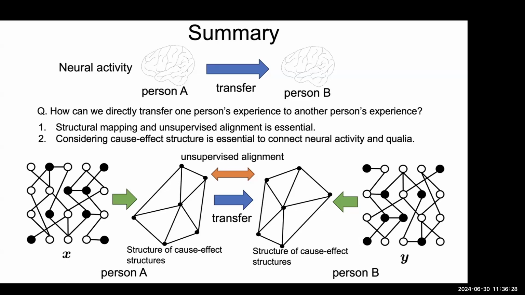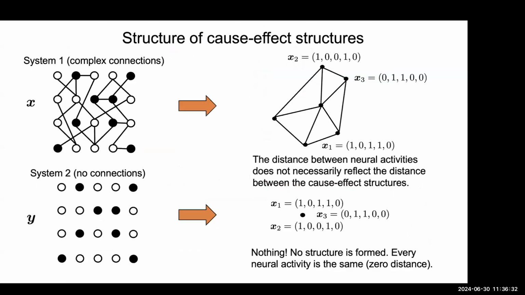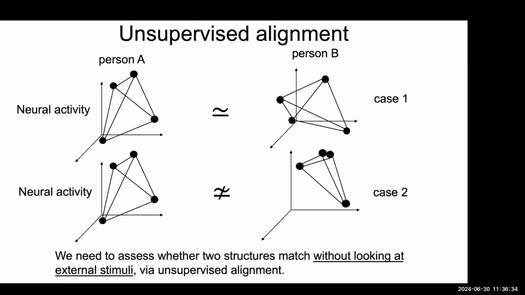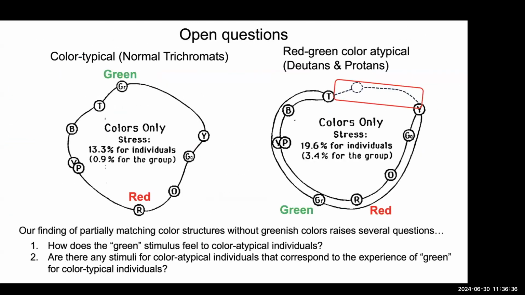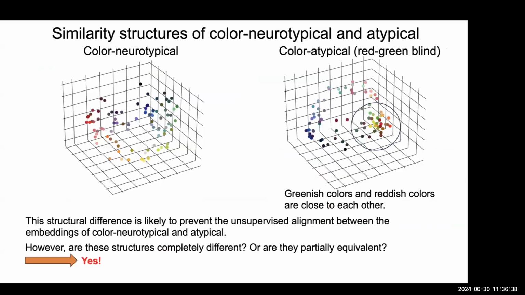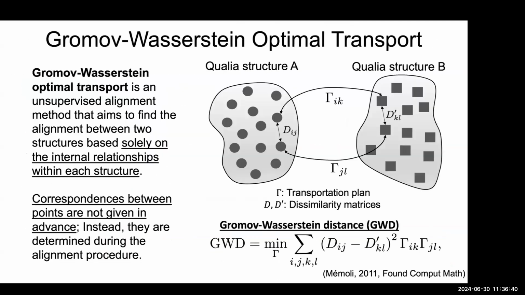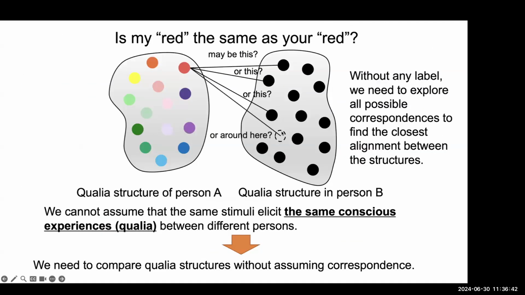Rather, we allow a not strictly one-to-one mapping, so we can have a mapping like this. In that sense, we can have a different number of points and then we just transfer.